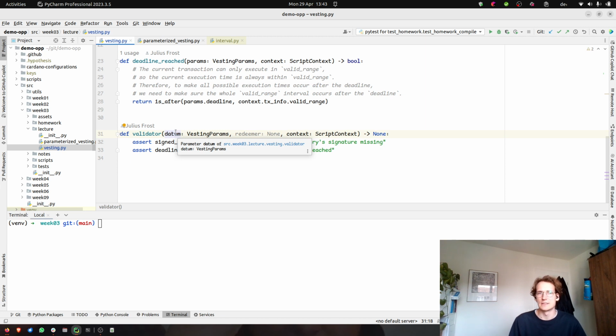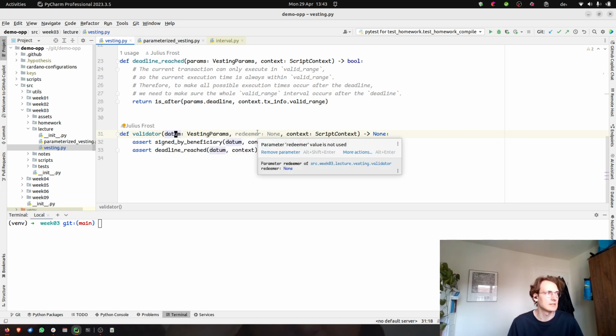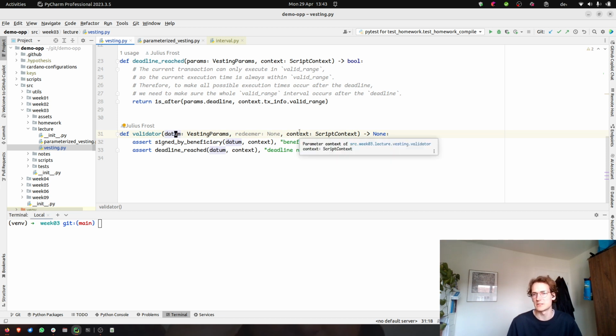That's, in a sense, hard coding these parameters. Sometimes you want to hard code parameters that could also be supplied by datum. But for minting contracts, for example, we have to parameterize them because there is no datum for minting. There's just the redeemer.